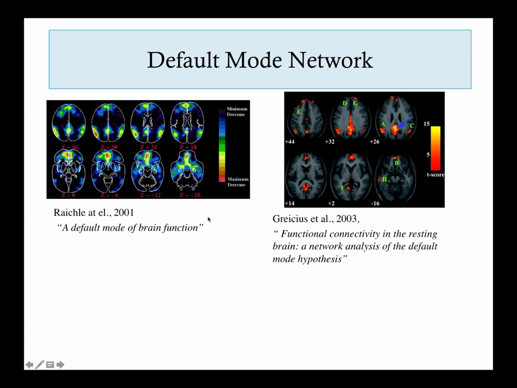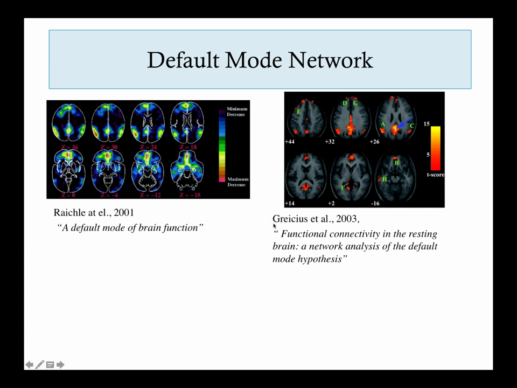It was pointed out in some early PET studies that these areas had the interesting property of showing higher activity during more passive resting or baseline conditions compared to more externally focused or demanding tasks. That was different from many other regions of the brain that tend to show more activity during external task demands. And so this helped to encourage more dialogue and research into brain activity that's going on during these kinds of task-free states.